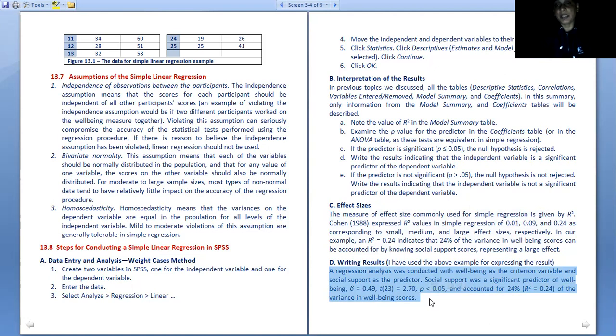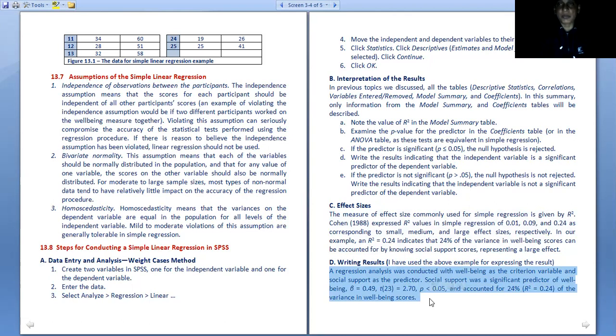Actually, the value of p we got from the analysis is 0.013, and it accounted for 24%. So R square is equal to 0.24, so it accounted for 24% of the variance in the well-being score. This means that social support is accounting for 24% of the variance in the well-being score. So that is what the answer is.